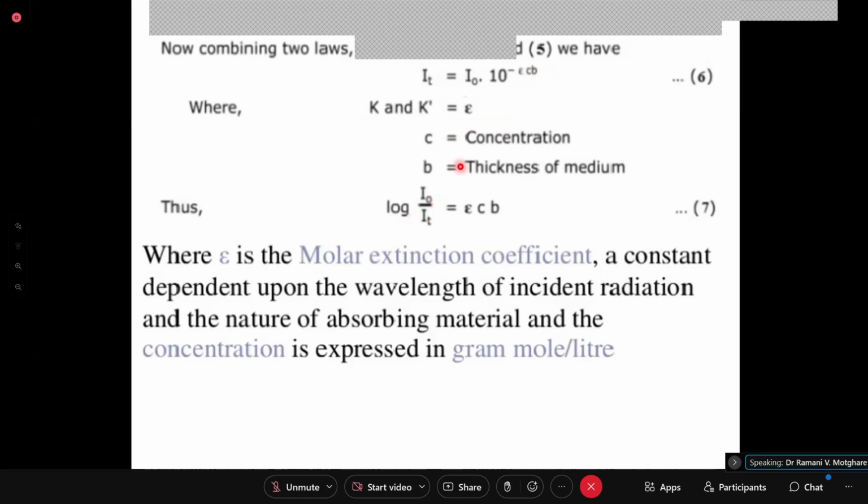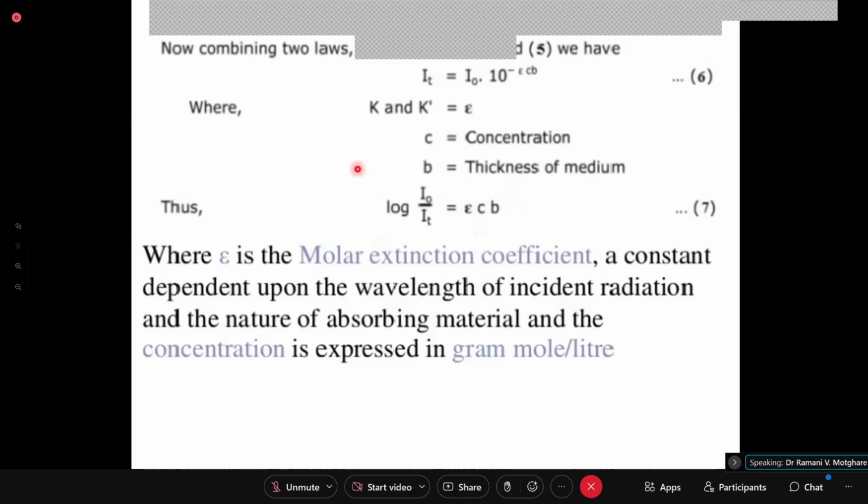We can write the final expression of Beer-Lambert's law together, where both C and B appear, because Lambert said that the intensity changes with the thickness of medium B, and Beer said that it is the concentration. If you go on increasing the concentration, the absorption increases and the transmitted light intensity decreases exponentially.